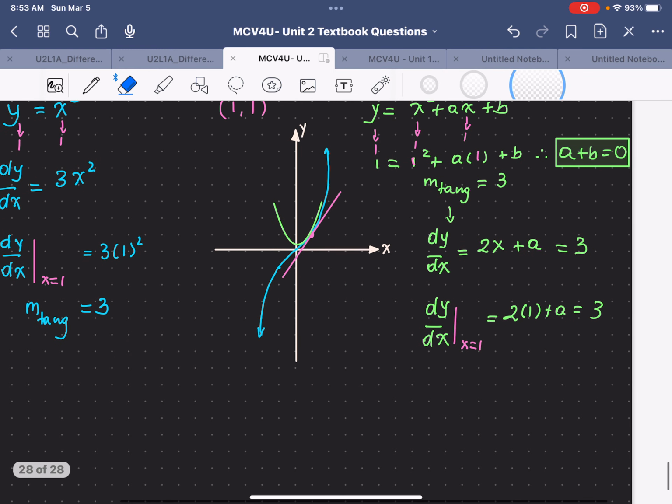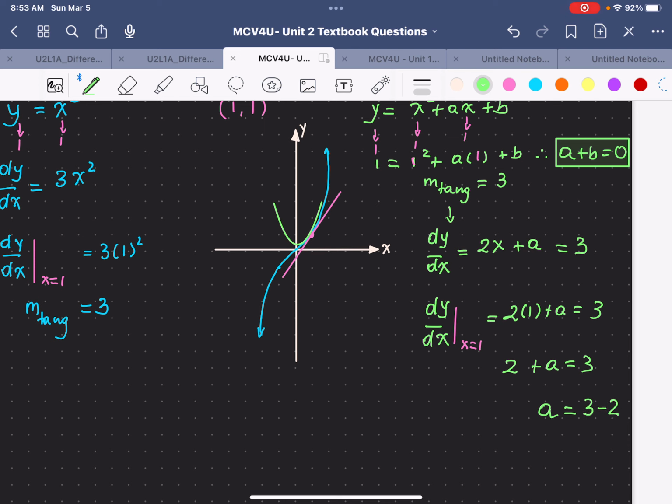So that means that we have 2 plus a equals 3. Here goes another relationship between the slope of the tangent and the coefficients. And this is actually an even better equation because we can solve for a, and a is 3 minus 2, or the value of a is equal to 1.